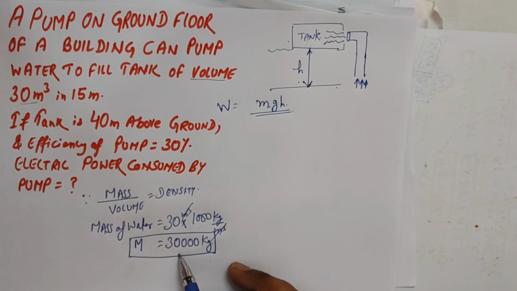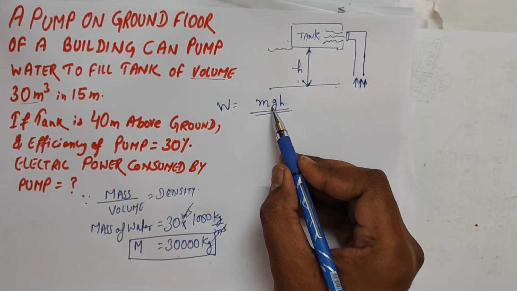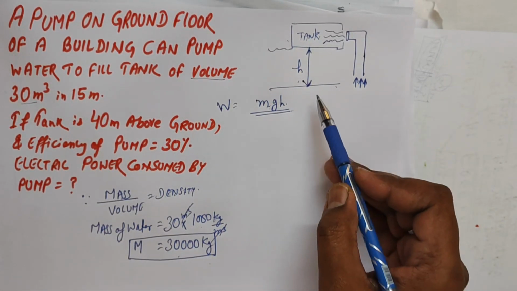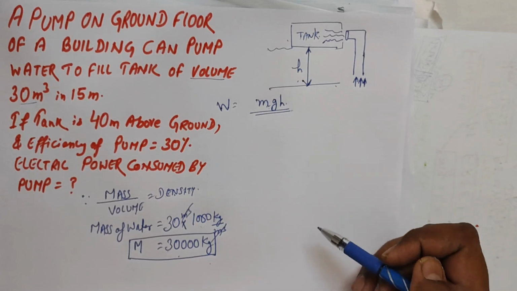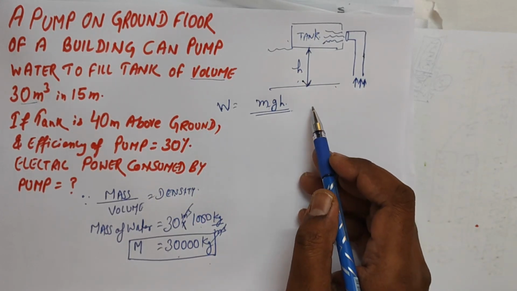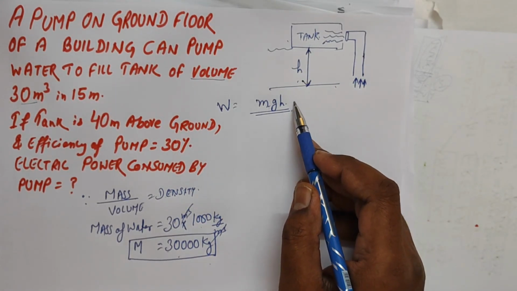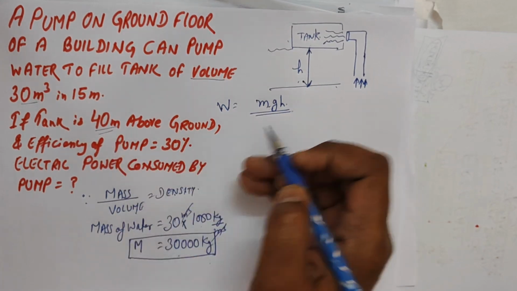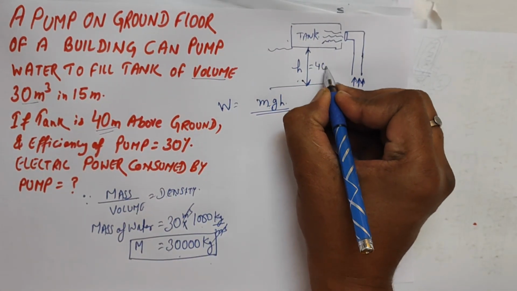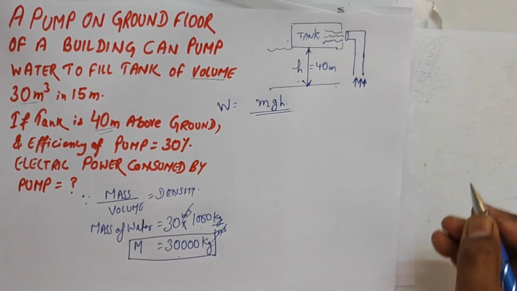So use this mass to calculate the potential energy, that is the work done to lift this water up to height h, right? And it's given that the tank is 40 meter above ground. So here h is 40 meter.